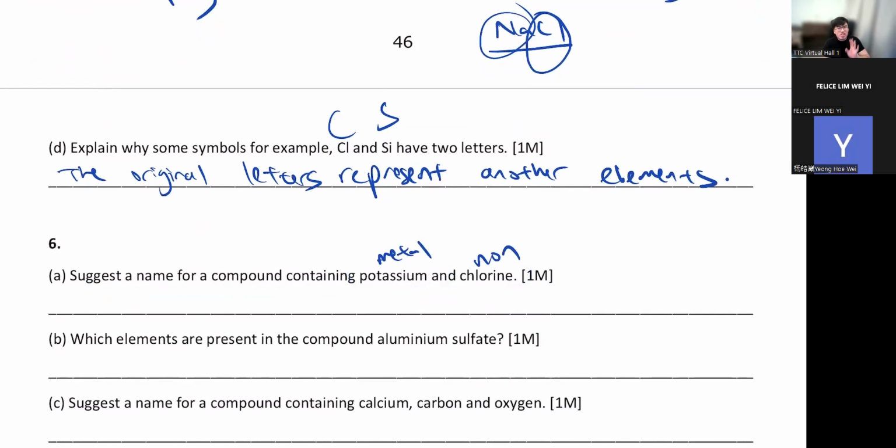So we arrange metal first, because metal is the boy. 男左女右. When you queue up, guys will stand on the left, girls will stand on the right, right? So 男左女右. So this is called potassium. Potassium chlorine? No. Potassium chloride. So this girl has to change name.